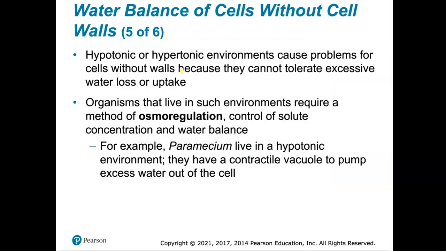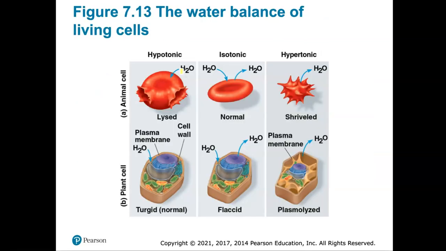So this is what happens to a red blood cell placed in a hypotonic solution. So what kind of solution would be hypotonic to the cytosol inside the red blood cell? Well, red blood cells have a salt concentration of 0.9%.